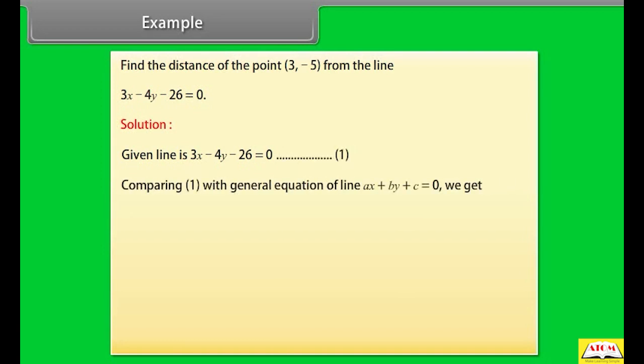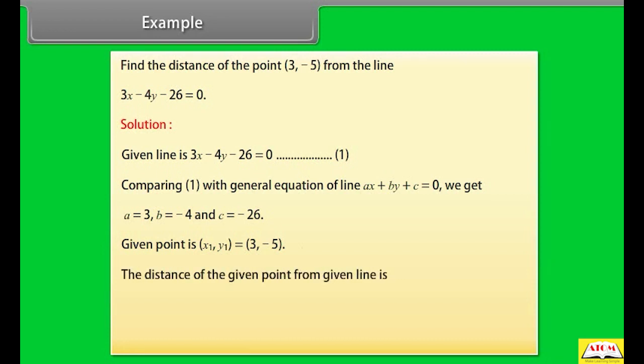Comparing 1 with the general equation of line ax plus by plus c is equal to 0, we get a is equal to 3, b is equal to minus 4 and c is equal to minus 26. Given point (x1, y1) is equal to (3, -5). The distance of the given point from the given line is d is 3 by 5.